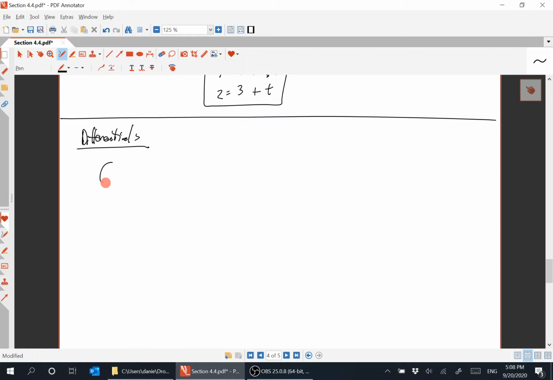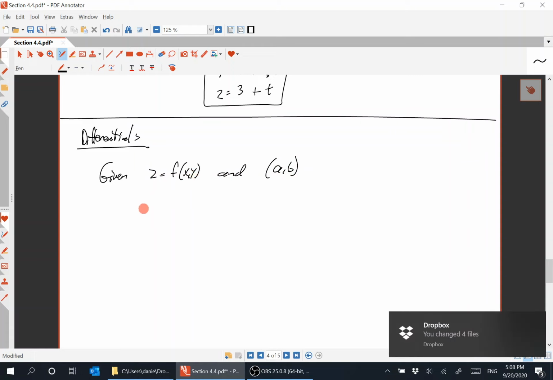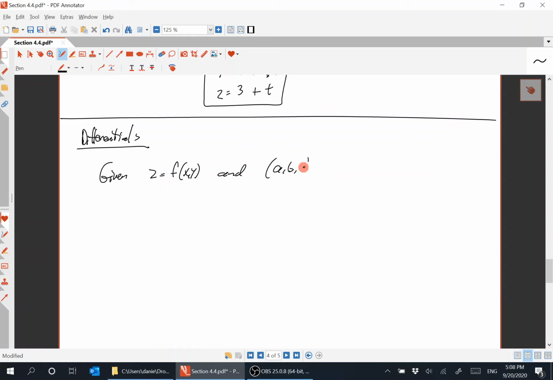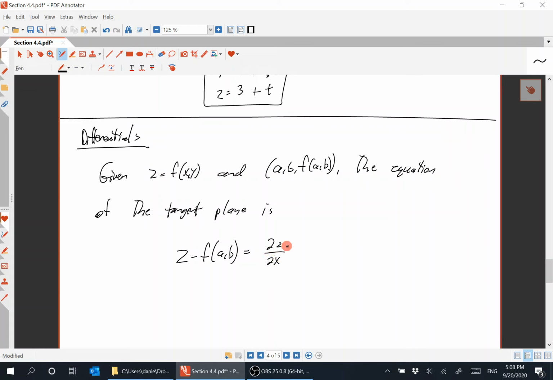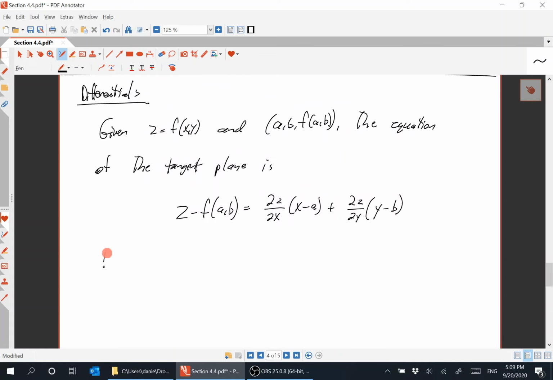Given the function z equal to f(x, y) and the point (a, b, f(a, b)), the equation of the tangent plane is z minus f(a, b) equals, let's use the differential notation, dz/dx times (x minus a) plus dz/dy times (y minus b).